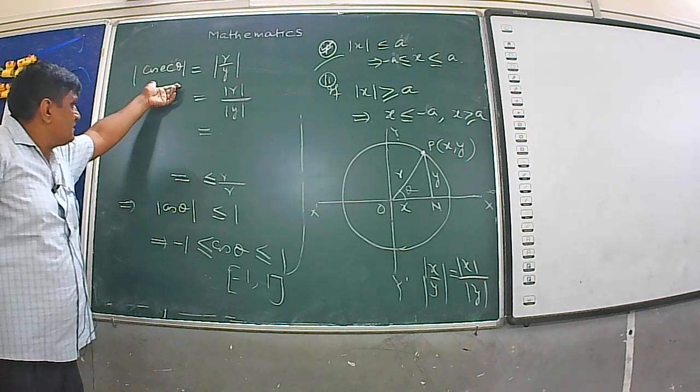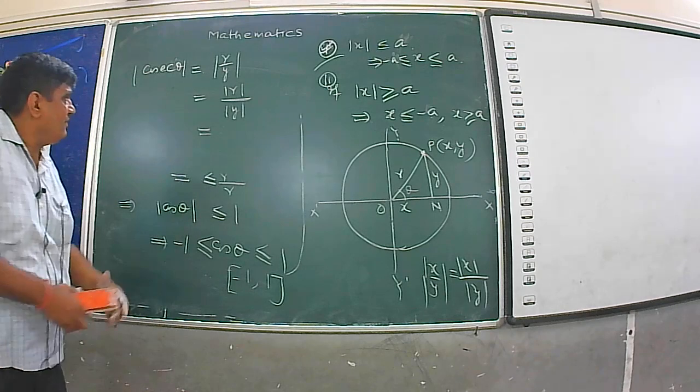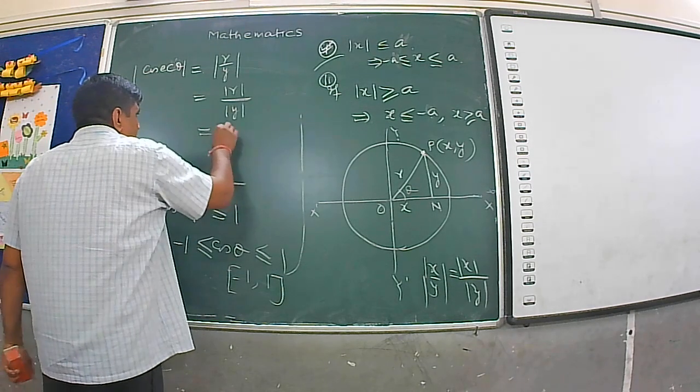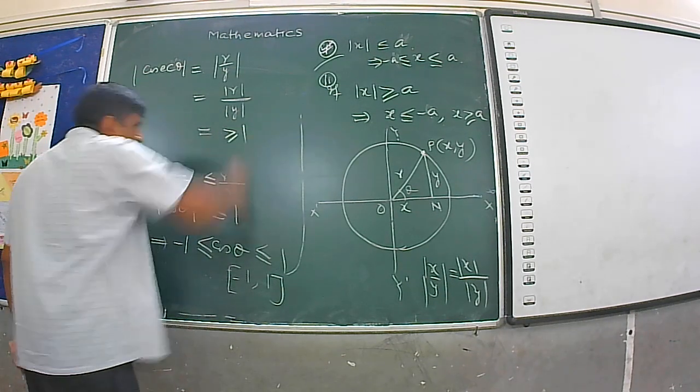Therefore, the value of cosec theta will be greater than or equal to 1.